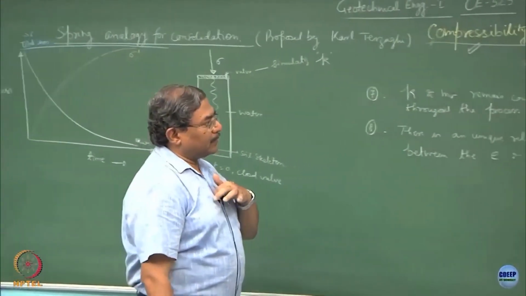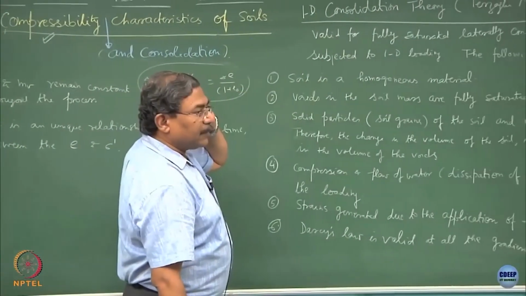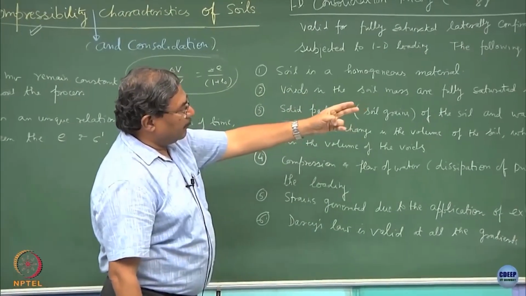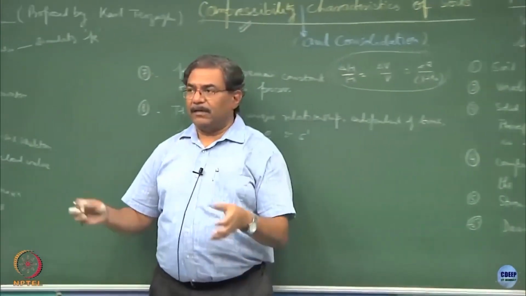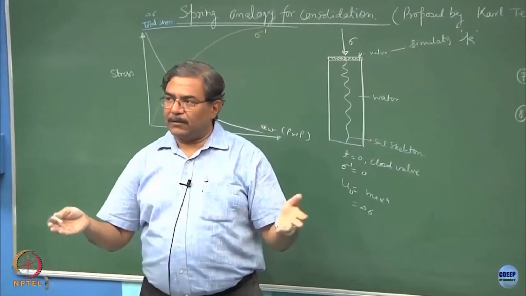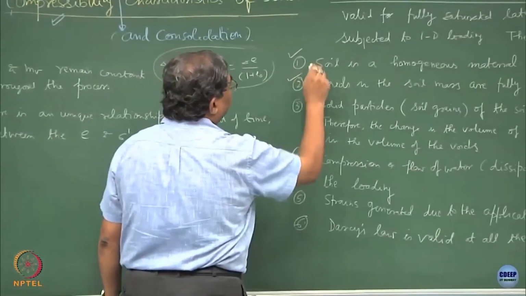I hope you can realize that it's fair enough to assume that the soil is a homogeneous material, no issues. Voids in the soil mass are fully saturated and free of air. We are immersing the entire specimen in the water bath, so this can be achieved, no issues, these two are okay.